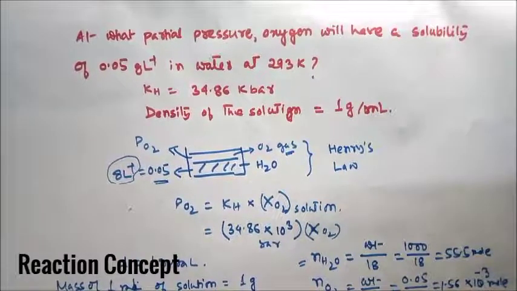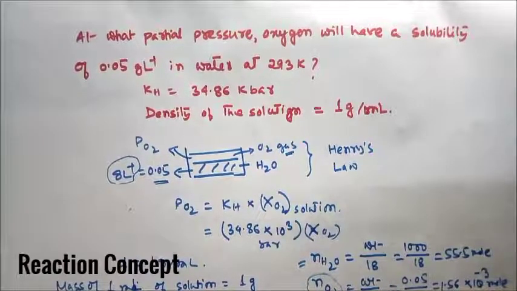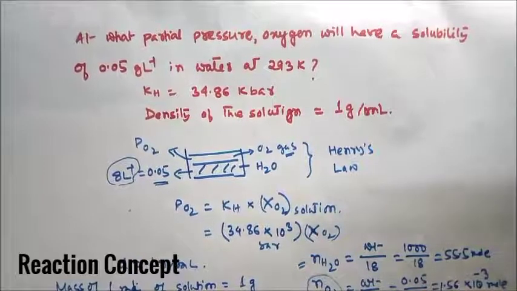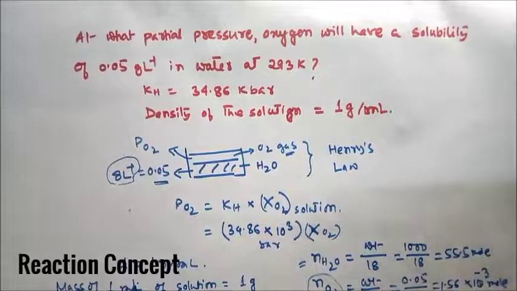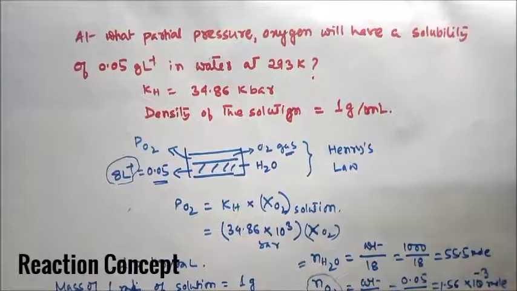Now we can easily find the mole fraction of oxygen in this case. The mole fraction of oxygen would be 1.56 into 10 to the power minus 3 divided by 55.5 plus 1.56 into 10 to the power minus 3.